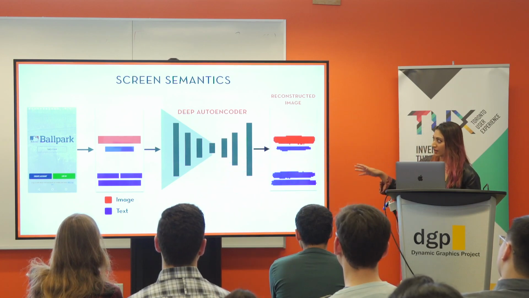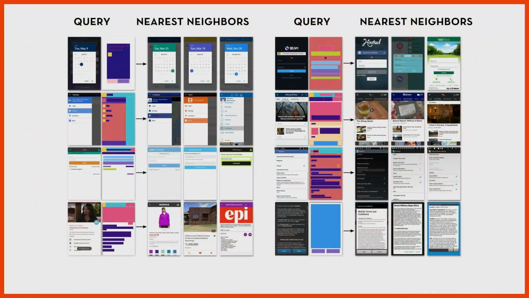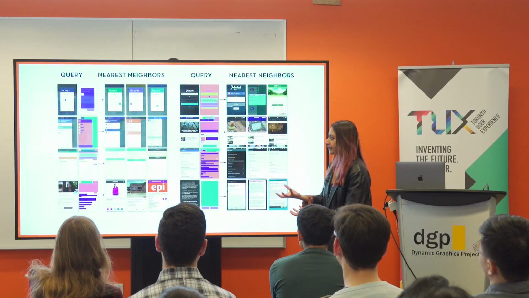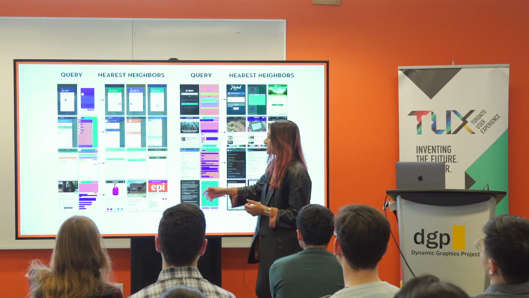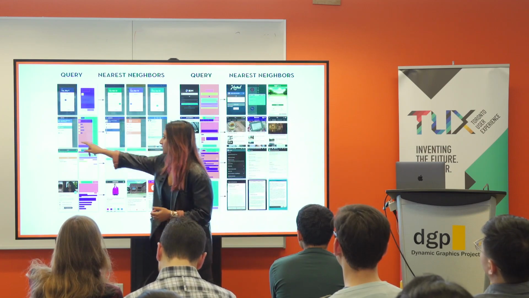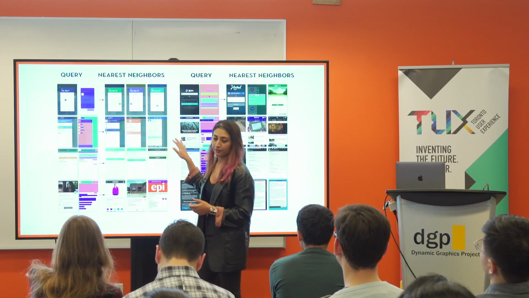So once we trained this deep autoencoder, we used the encoder part, and not the decoder part, to do nearest neighbor queries to show that in screen space now we can get at things that are semantically similar. So these screens that are the results of this query are all from different apps.